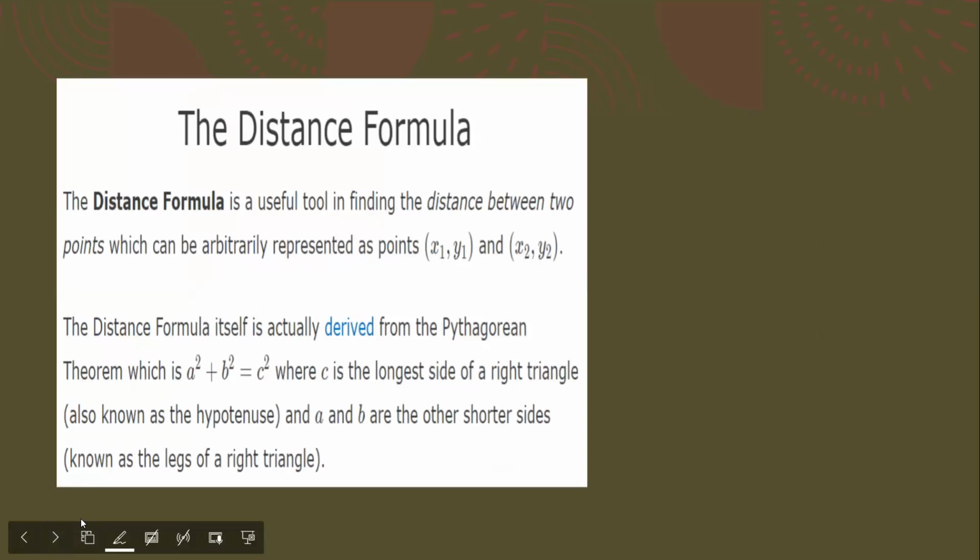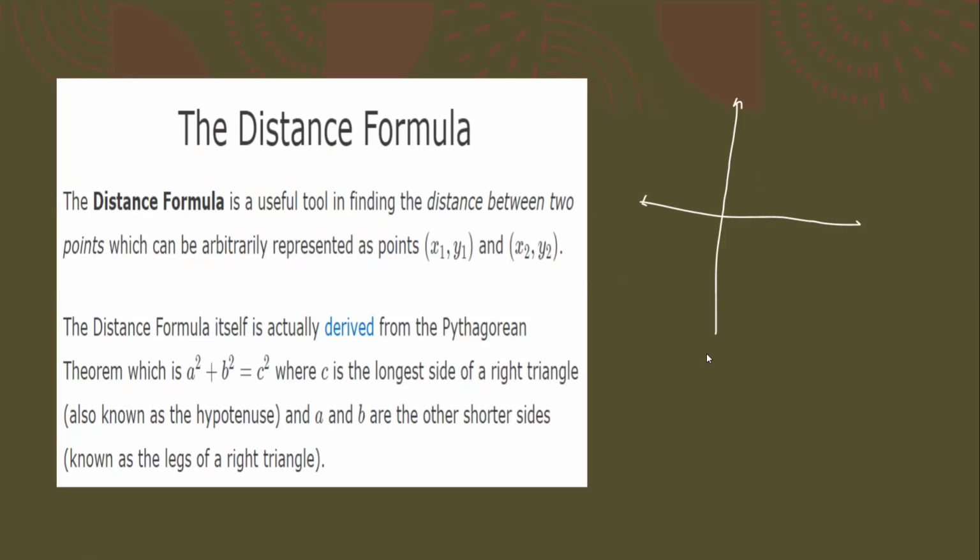Now let us see what the distance formula is. So if this is the Cartesian plane, and there are 2 points A and B, and we have to find the distance between A and B, how can we find this?